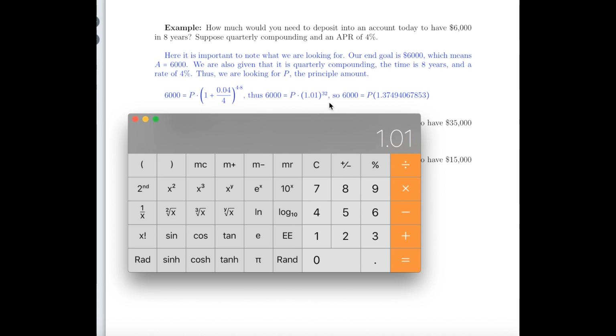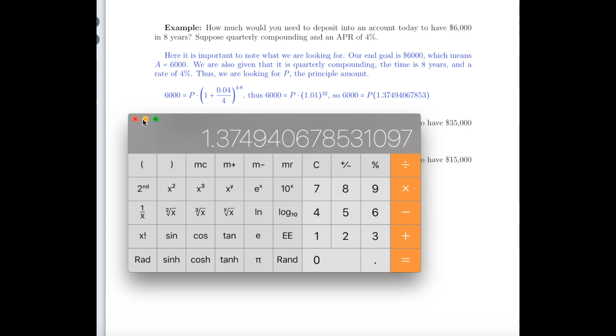And then 8 times 4 is 32, so I just carried that over. And then $6,000 equals P times, if you put 1.01 to the power of 32, you get this really long number, okay? So I tried to copy it as best I could. I left off some numbers here.